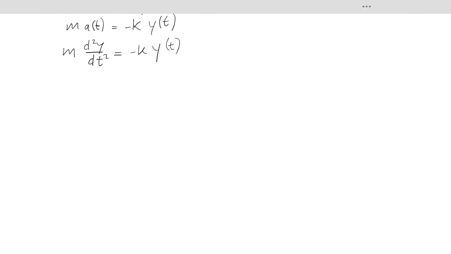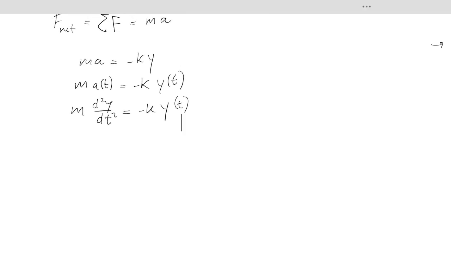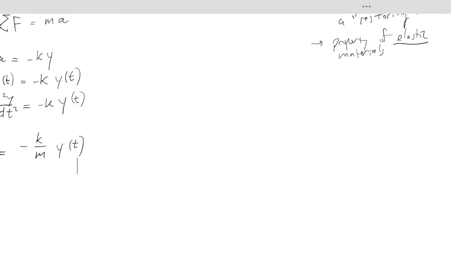And then I could further simplify this, and I say that the second derivative of my y function is minus k over m times my original y function.